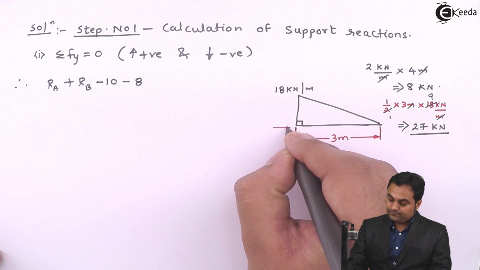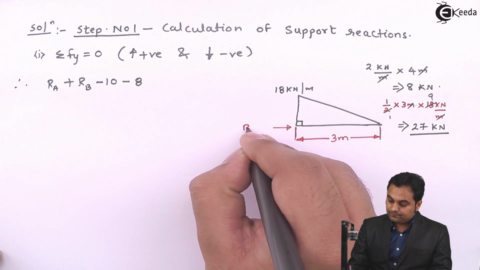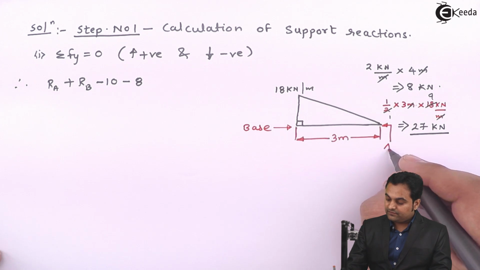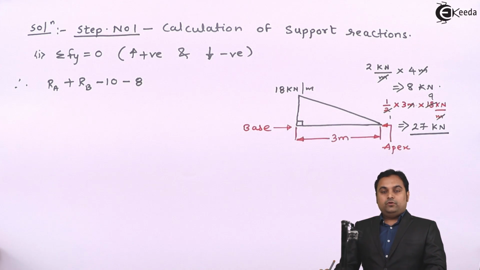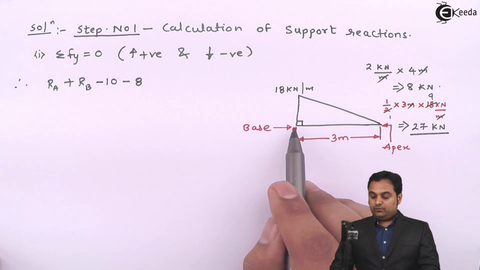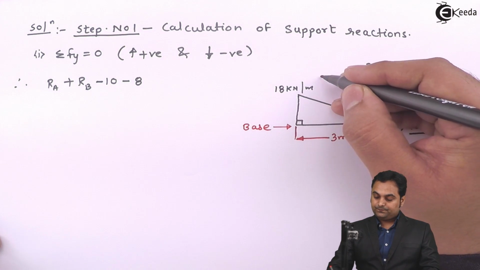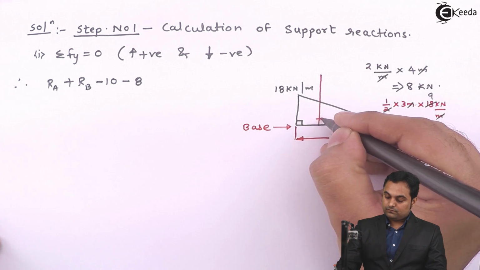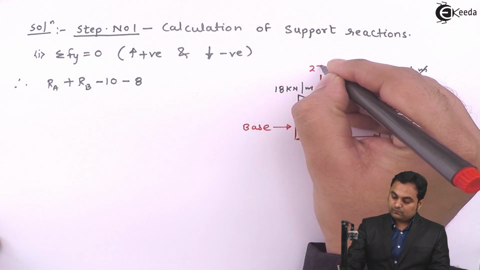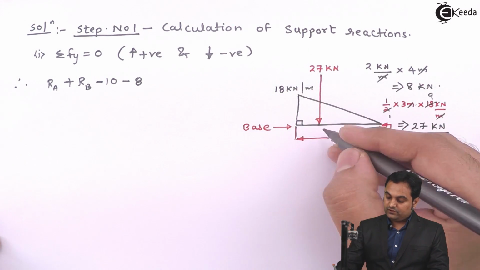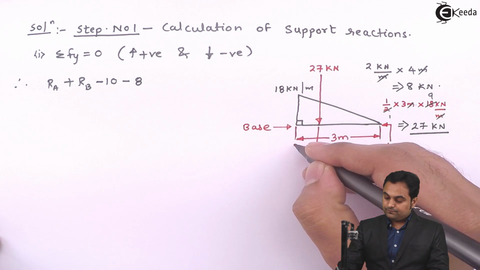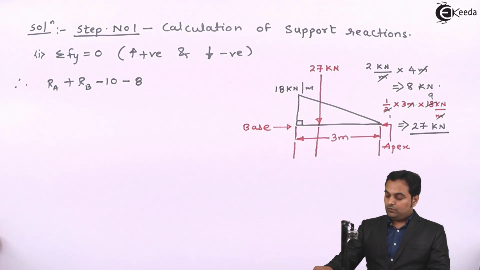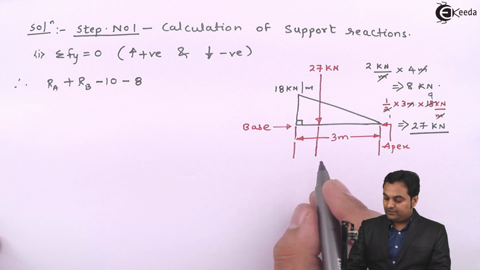So here we have base and here is apex. This 27 kilonewton will be acting at 1/3 distance from the base. One-third from the base and 2/3 from the apex.